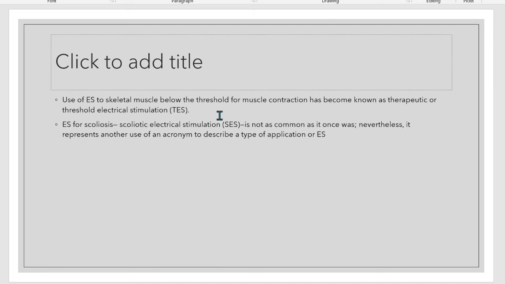Ang concave nga side sa scolio dili butangan ang ES kay ang concept ang muscles dira is nag-spasm siya. Kung butangan og ES, tendency nga di siya mo-relax. So dapat ma-stretch ang concave nga side. So mao na siyang concept.